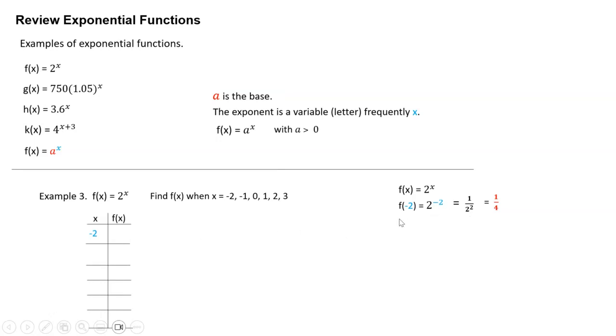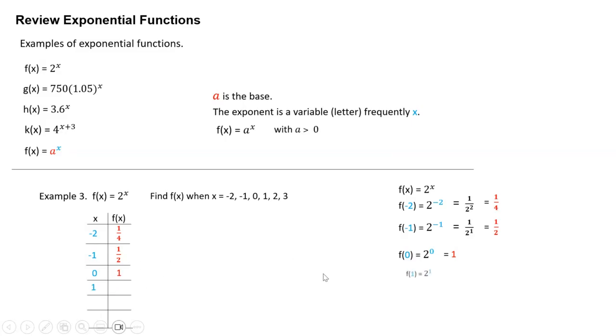So when x is -2, my y is 1/4. When x is -1, we evaluate the function at -1, which means it's going to be 1 over 2 to the first power, which is 1/2. So when x is -1, my y is 1/2. When x is 0, anything to a 0 power is always equal to 1. So when x is 0, my y is 1.